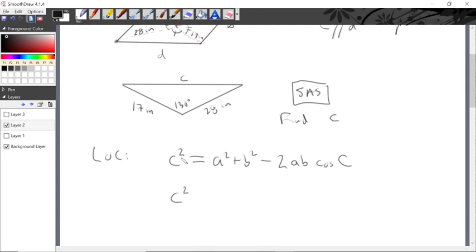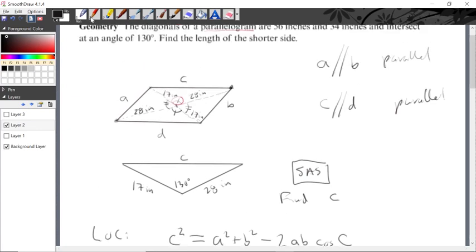So C, the side length C, we don't know, but A, B, and angle C we do know. It doesn't matter which one we call side length A and side length B in this case. In fact, I should go back to my original triangle now.